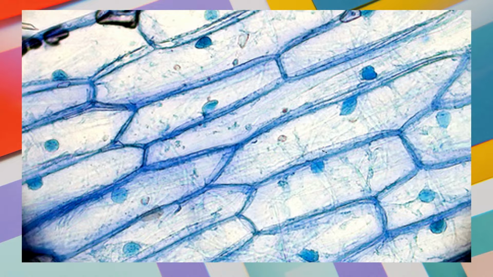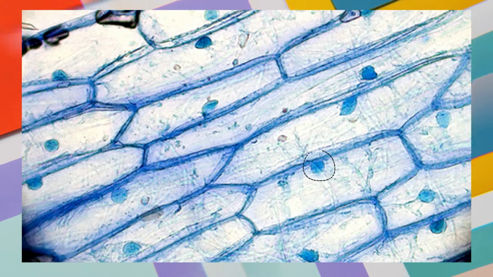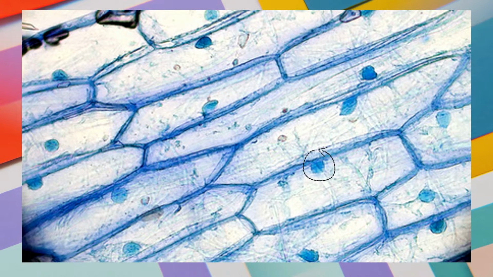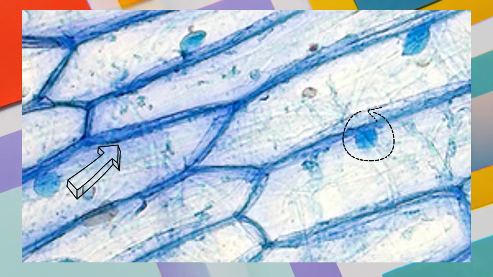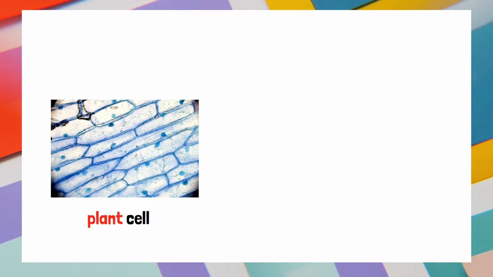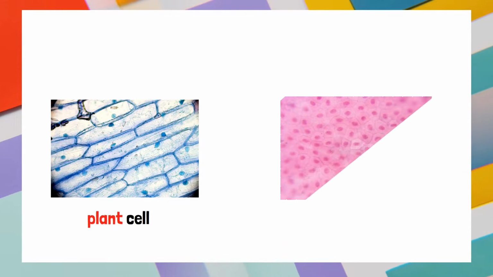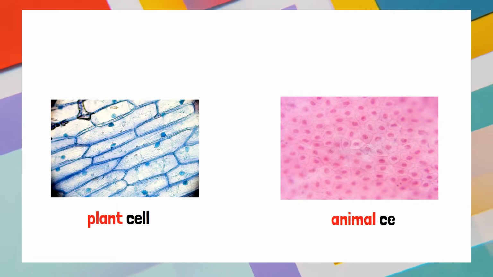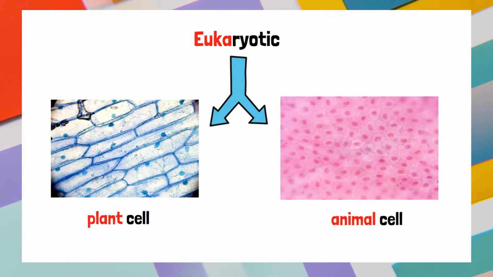Both have a nucleus, and here it appears dark blue because of the coloring, of course, and each cell is separated from another by a cell wall, not a cell membrane. Plant cells look like a geometric shape with sharp corners. So now we have seen plant and animal cells in the microscope, and both are called eukaryotic cells.